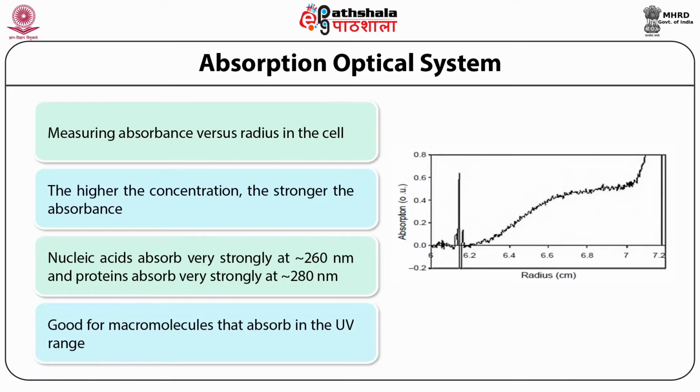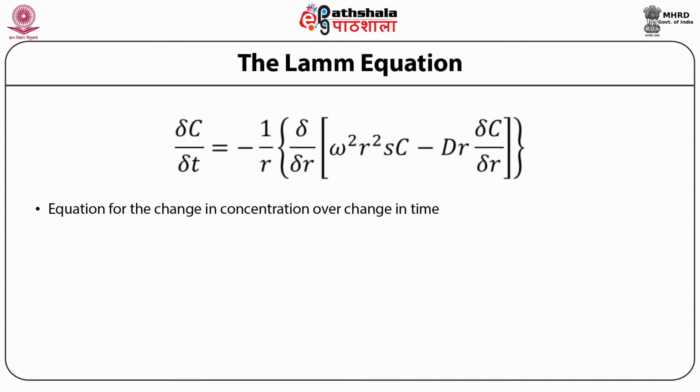So it is good for macromolecules that absorb in the UV range. And you can see here the radius versus absorption increases with time, indicating that the separation of molecules occurs. The equation for change in concentration over time is expressed by the Lamm equation, which is used to predict the boundary shape and what it will look like.